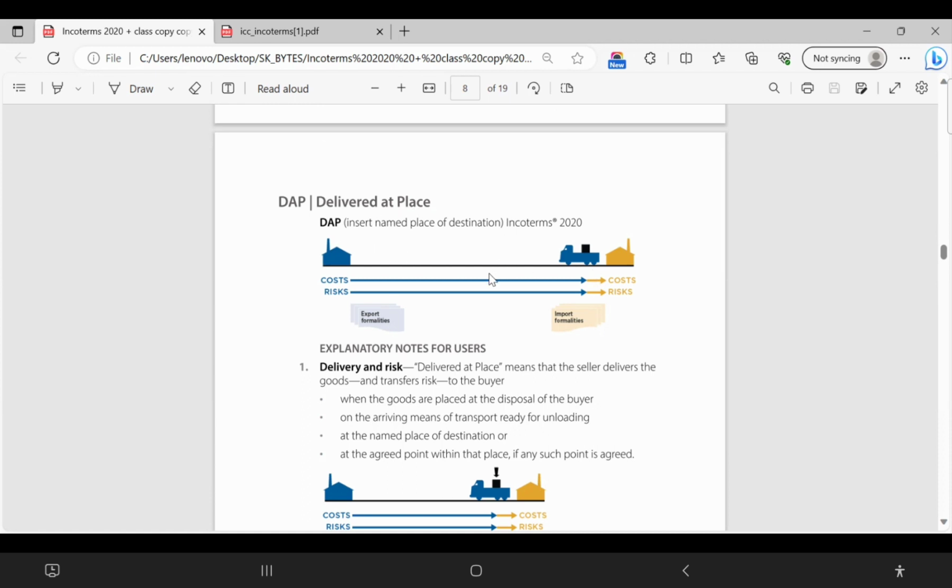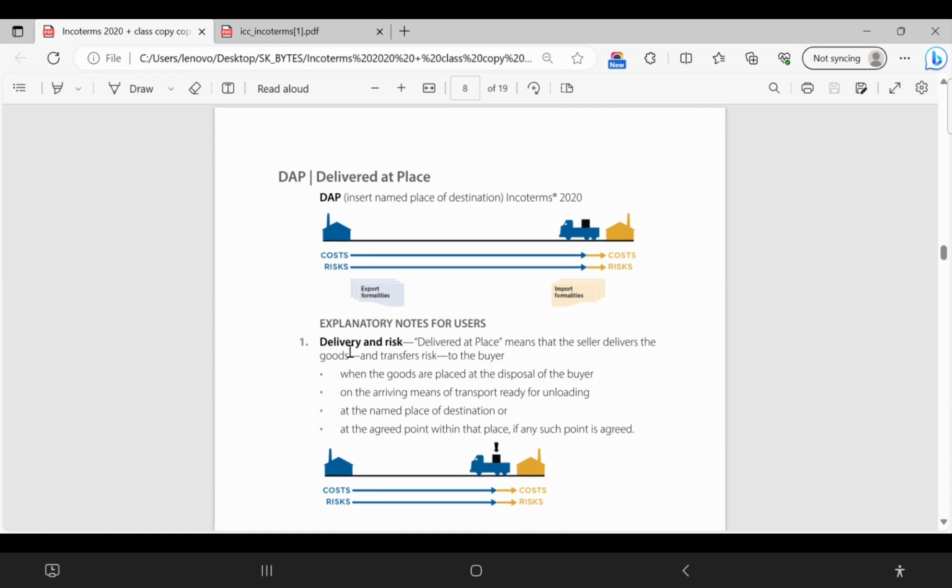Now see the cost bar, risk bar, and documentation bar. Also take note of whether the consignment is loaded or unloaded. Now we are reading DAP.